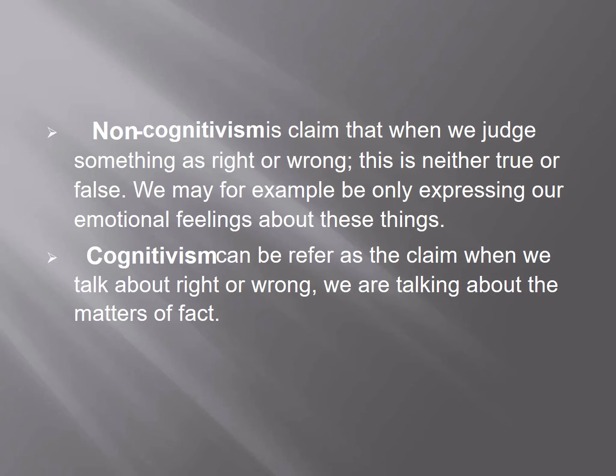For example, breaking a promise is a general phenomenon, and stealing, killing a human being, defaming someone and deceiving someone. These are the basic moral values, the basic characters of right and wrong.